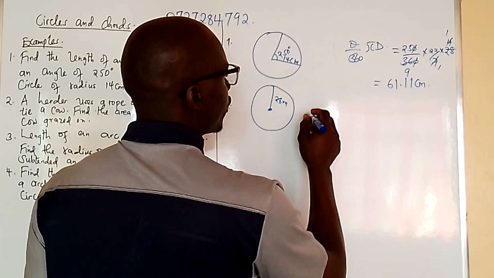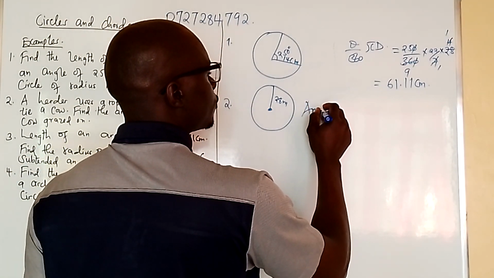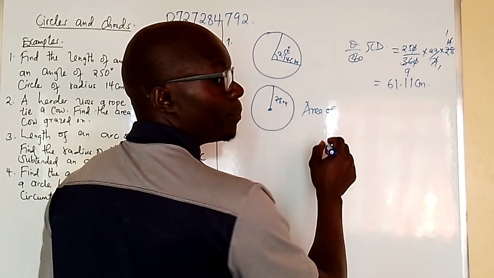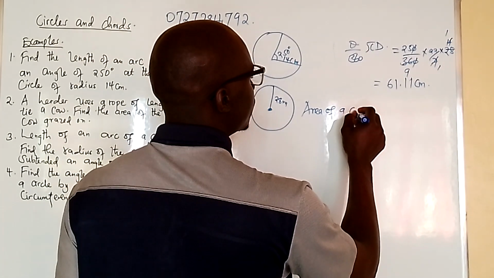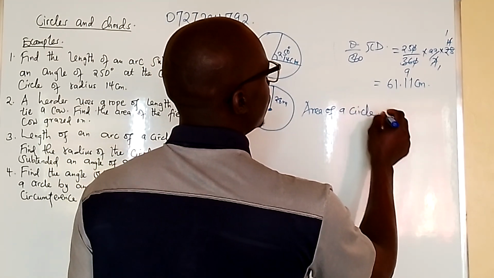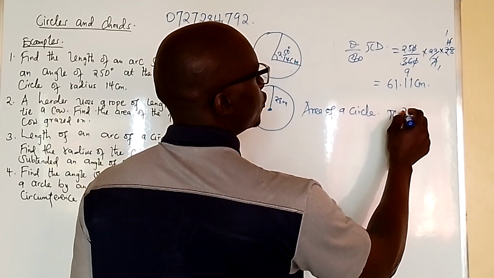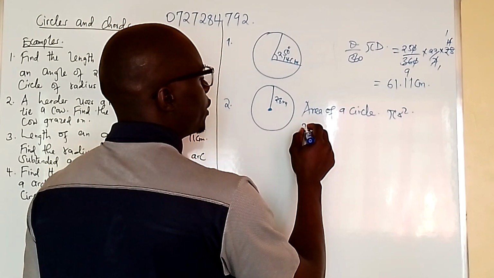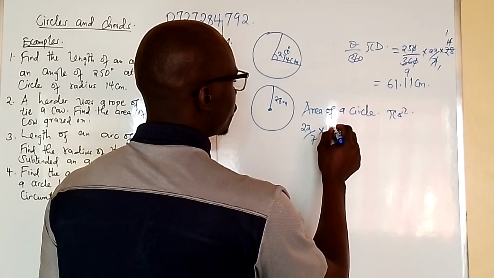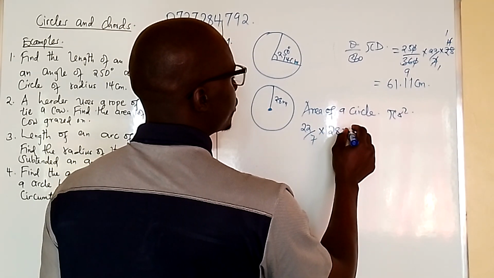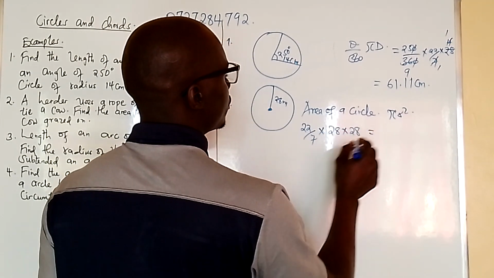Area, how do we get area of a circle? Formula? Pi r squared. Okay. Area of a circle, pi r squared. Our pi, 22 over 7. What is the radius? 28 times 28.